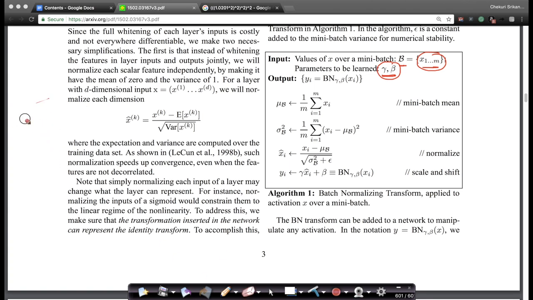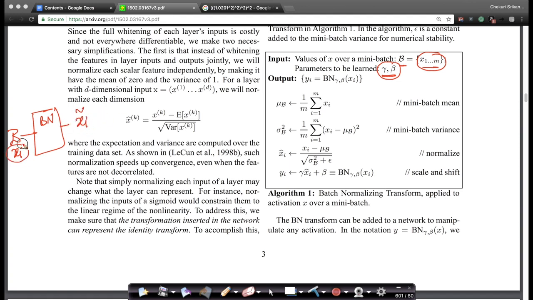Let me draw it carefully here, slightly in a better way. So my batch normalization layer is here. My batch normalization layer gets a batch of inputs. Let's call this batch B. This batch contains xi's. It generates yi's. Actually, I don't like this terminology yi, so let me just change it here. Let's assume it generates xi tildes.